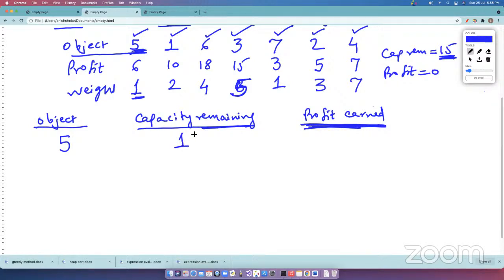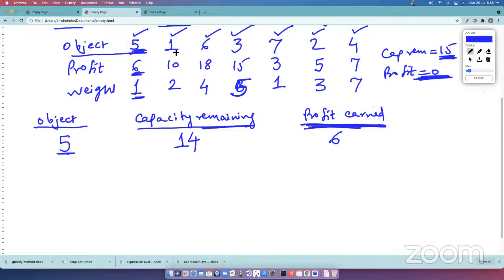So now 14 kg capacity will remain, as only 14 kg can be added after this. By adding this fifth object you are gaining a profit of 6. So from zero profit, you got profit of 6.